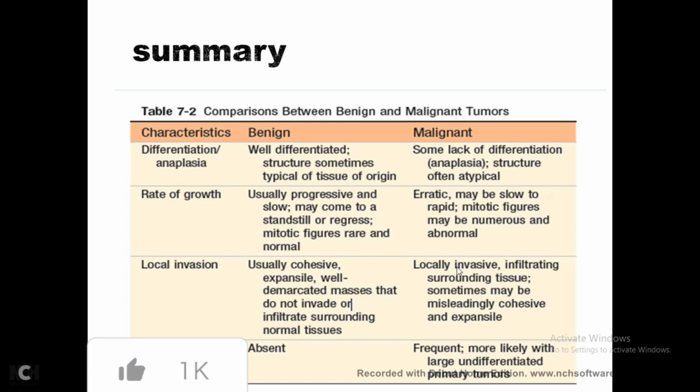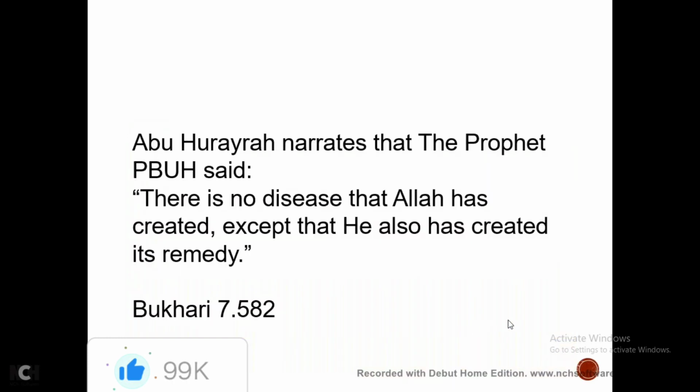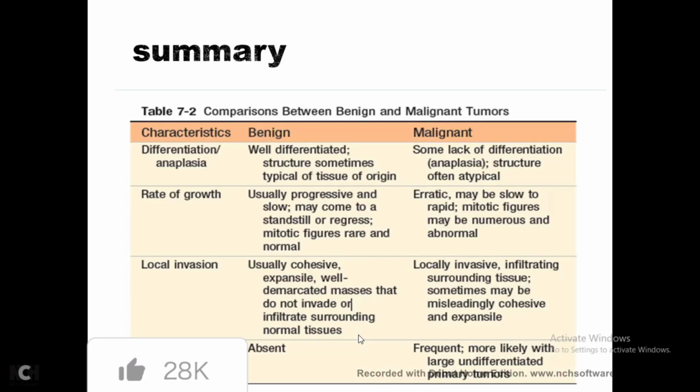Rather, they love to invade and infiltrate the surrounding tissue, and then they sometimes may be misleading. They prefer routes of metastasis like lymphatics, hematogenous routes, or body cavities. Again, in benign tumors, metastasis is completely absent. So this was the whole summary of what we did today.